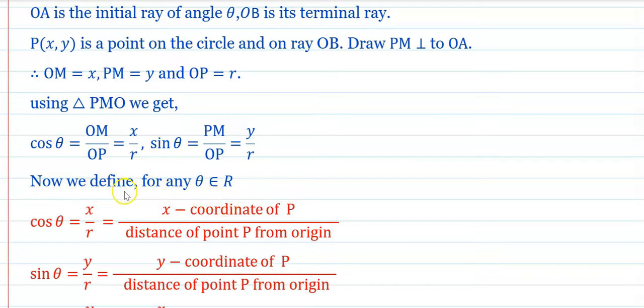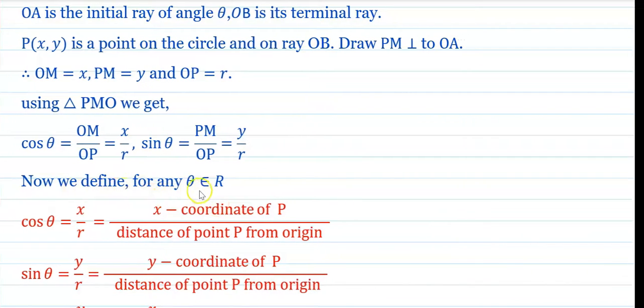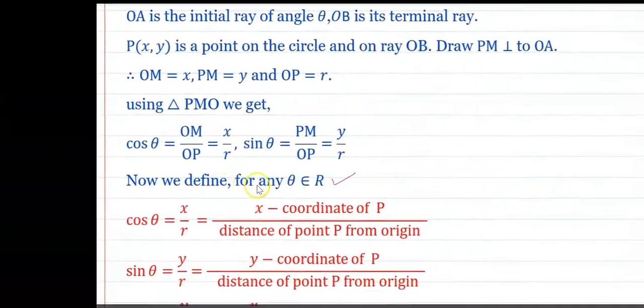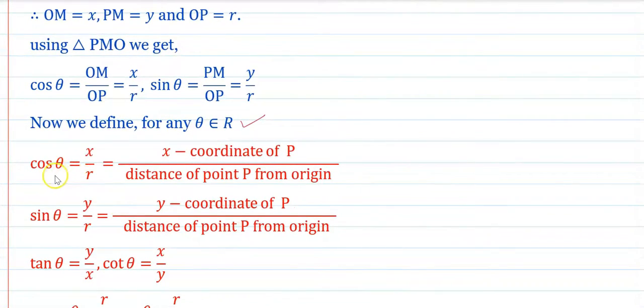We now define, for any angle theta belonging to the set of real numbers, in general, cos theta is equal to x upon r, where x is the x coordinate of P and r is the distance of P from the origin.